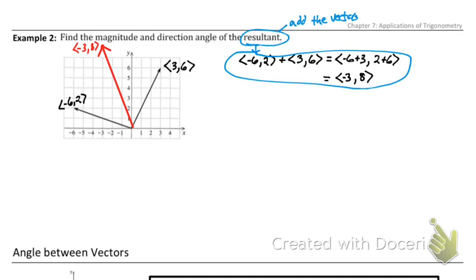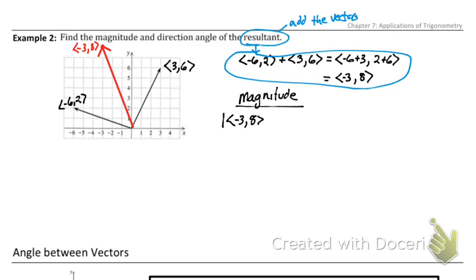So all this question is asking me right now is to find the magnitude and direction angle of negative 3, 8. I always tell you to start with your magnitude because you're more likely to get that one correct. So let's do our magnitude first. Any magnitude, we put absolute value bars around it.